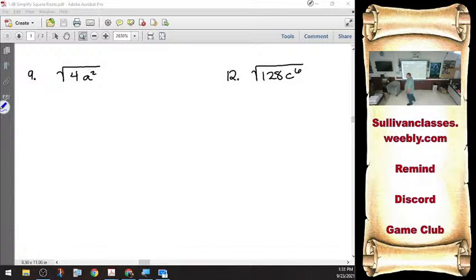Now, if you were looking at my answer key, my answer key is going to look like this. And that's it. Because I recognize that 4 and a squared are both perfect squares anyway.